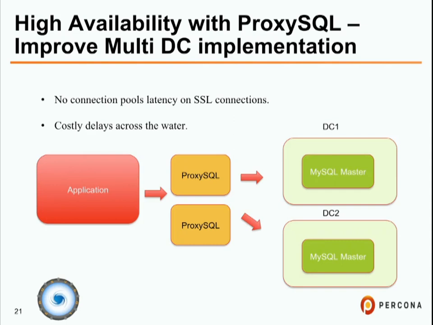So the cost of creating a new connection and establishing the SSL handshake is completely removed because the connection is already there. So the connection pool helped a lot for them in reducing the overall latency. And I know of others that are going to use the same approach for exactly the same reason. So, cross DC SSL connection.